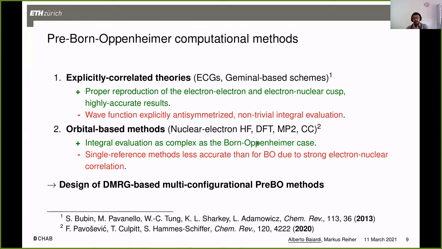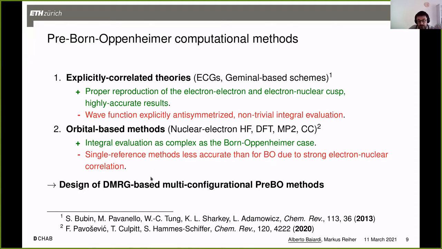And as you see here, many of the electronic structure methods have been generalized to this nuclear-electron framework. Even though it's not clear how relevant correlation effects are in these pre-Born-Oppenheimer Hamiltonians, multi-reference methods were much less studied than the single-reference ones.